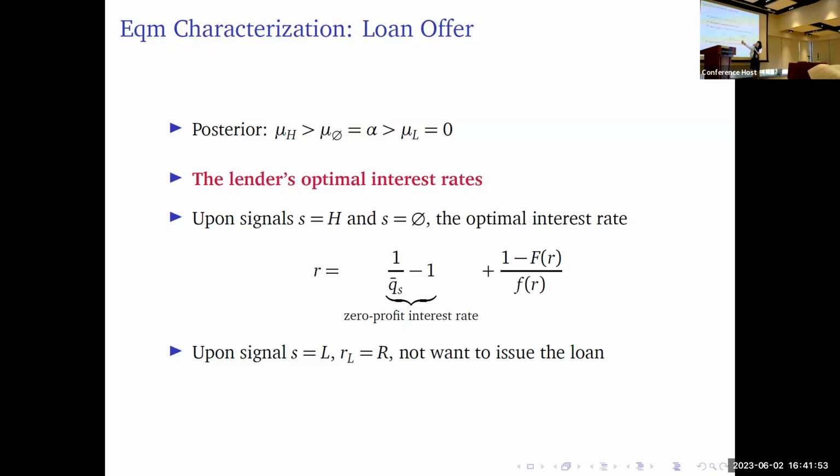And this premium compensates the lender for the information asymmetry. And if it is a low type signal, then the lender understands this is not worth funding, so the lender will not want to lend to this borrower anyway.